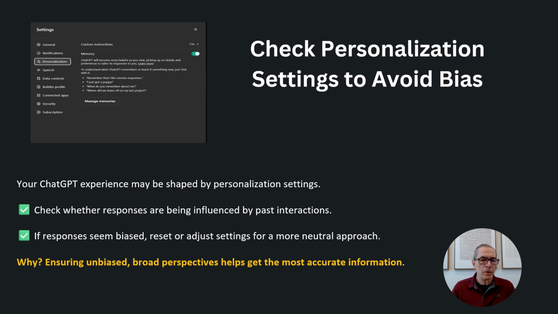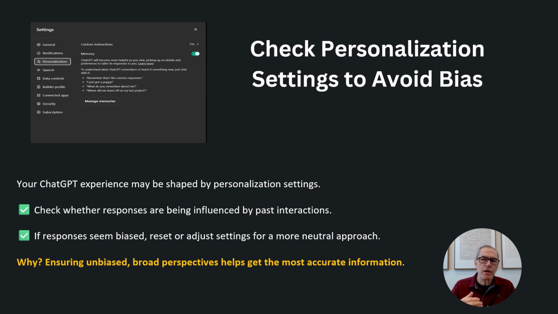Then next, if we look at settings, and an awful lot of people don't know this, check the personalization. Personalization within ChatGPT picks up some of the things you have in previous conversations, and may tend to bias future conversations. So you've really got to keep an eye on this.